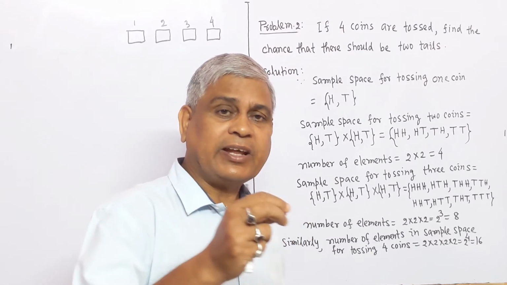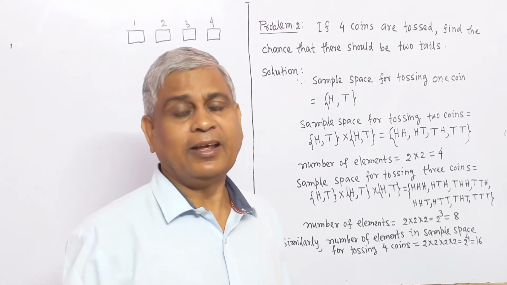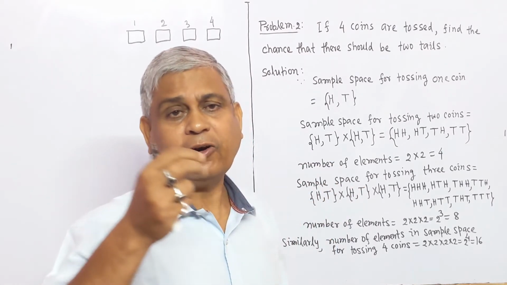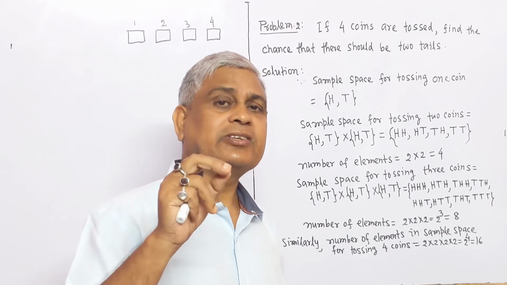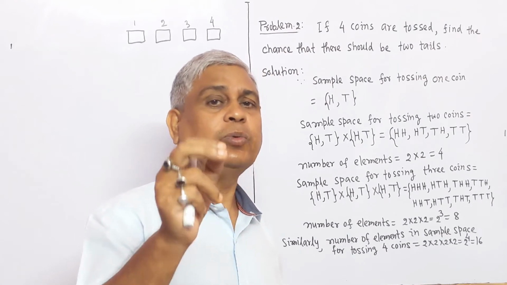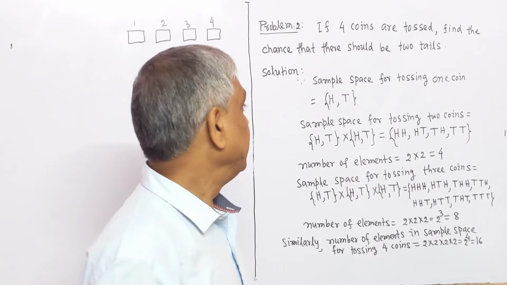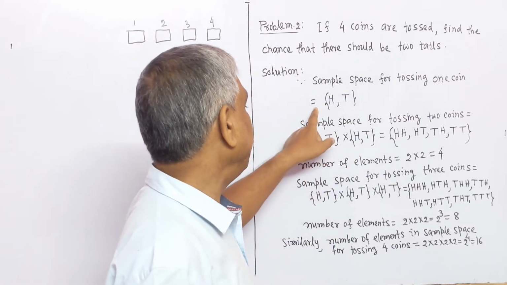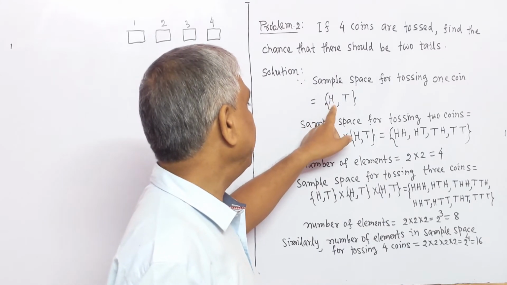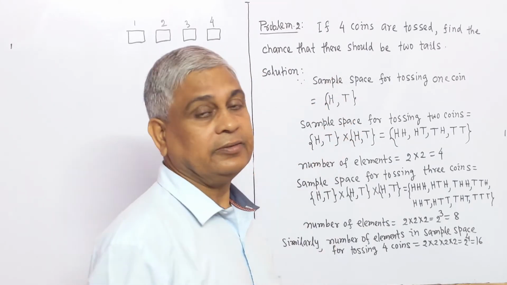Here outcomes are head and tail. So if we collect head or tail and make a set, that set will be the sample space for tossing one coin. Therefore, sample space for tossing one coin is a set containing head or tail.